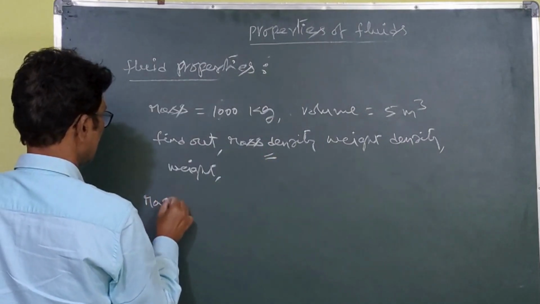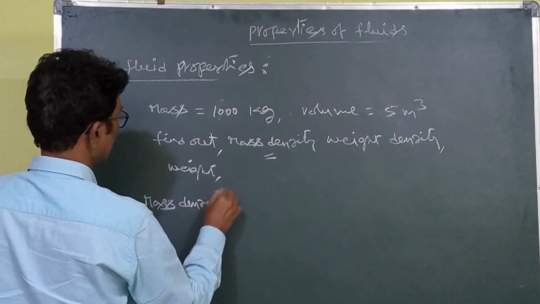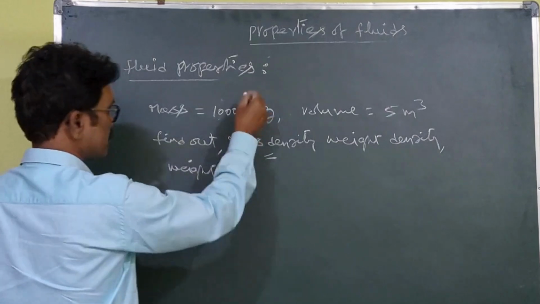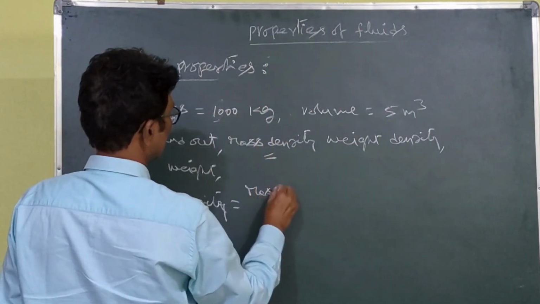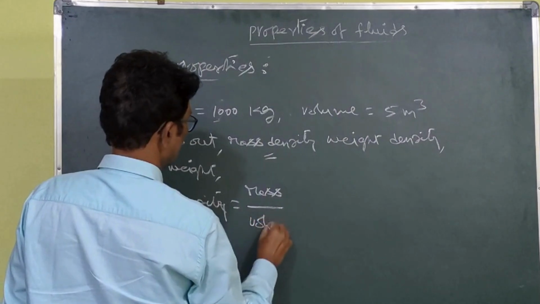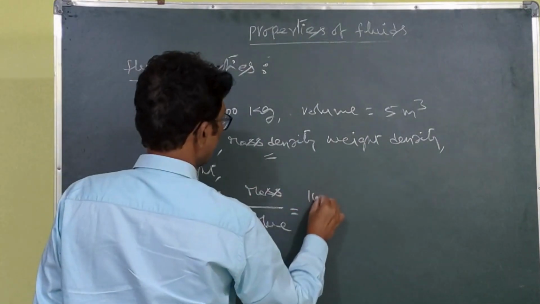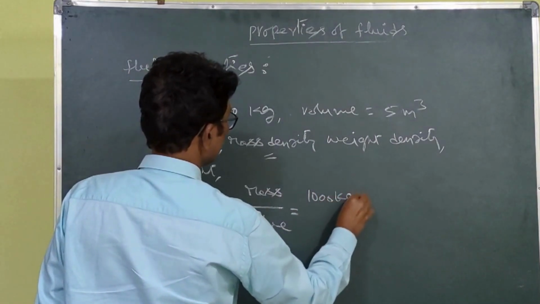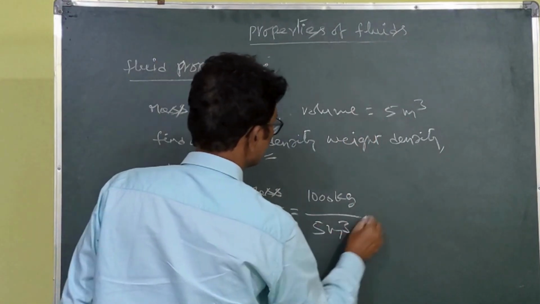Mass density equal to mass by volume. We know that this is the mass and this is the volume. So mass equal to 1000 kg divided by volume equal to 5 meter cube.